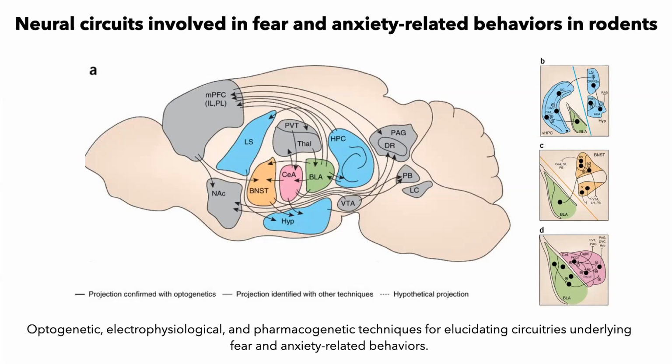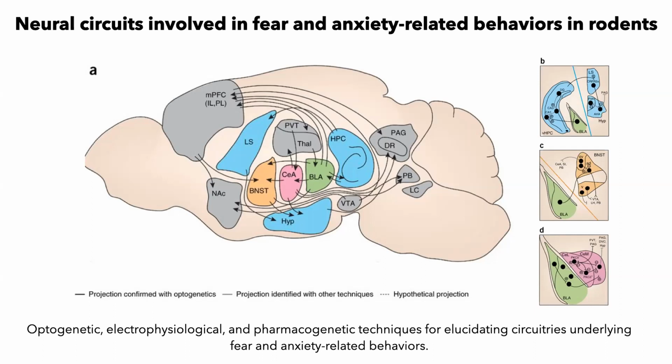So this is a view of the rodent brain that includes distal circuits implicated in anxiety-related behaviors. B is septohippocampal microcircuitry linked to anxiety. C and D are extended amygdala microcircuits involved in anxiety-related behaviors, including BLA projections to BNST and BLA projections to CEA.